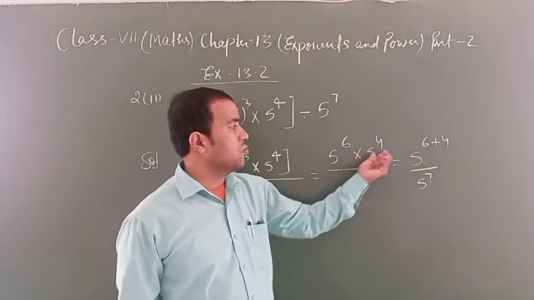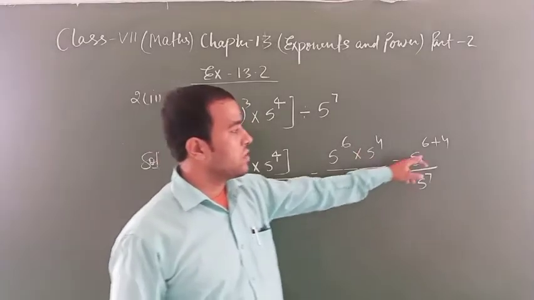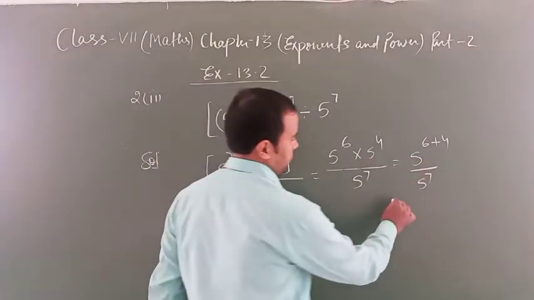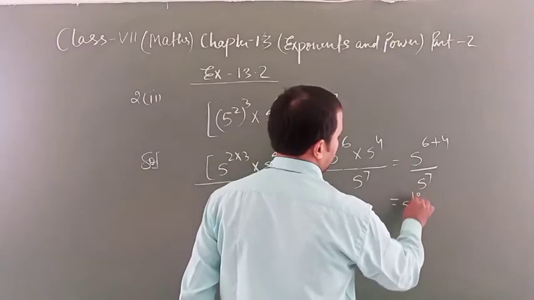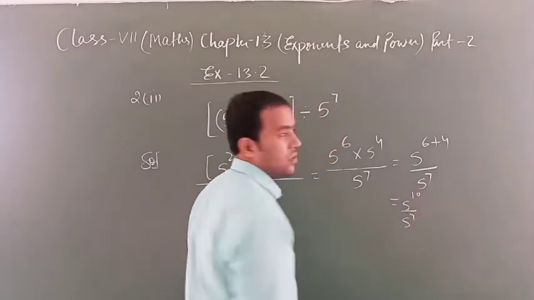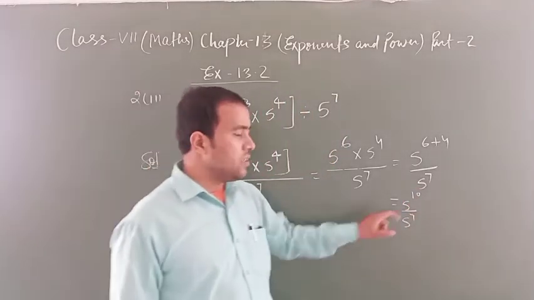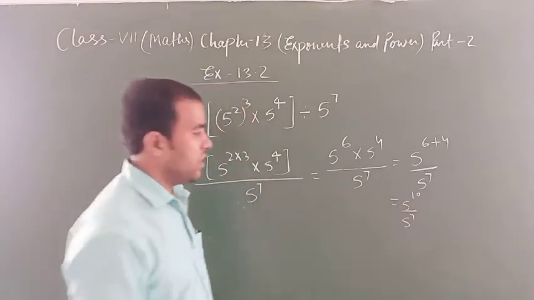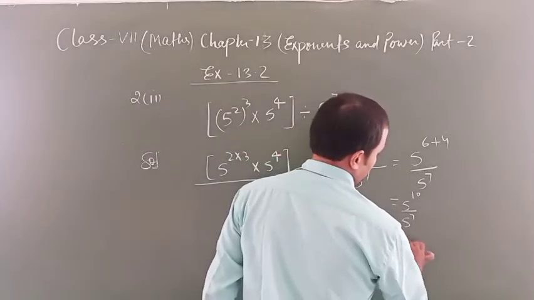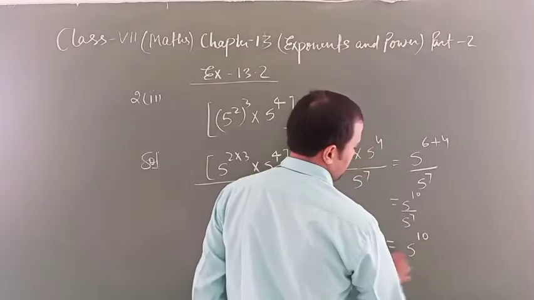5 power 6 into 5 power 4 means 5 power 6 plus 4, means 5 power 10, by 5 power 7. Clear? So it is in divide form, so we can do 5 power 10. Clear?